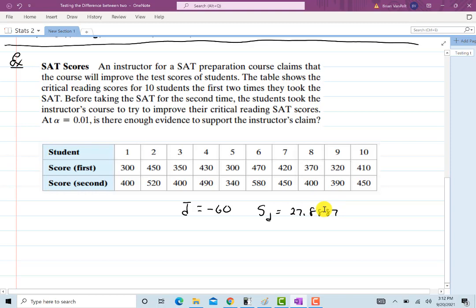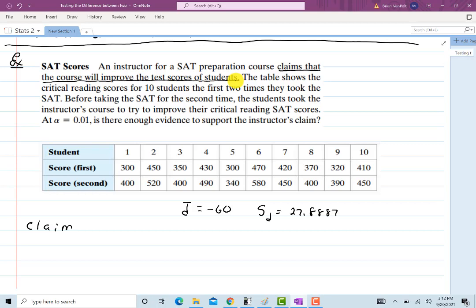So anyways, let's actually do the problem then. Here's what my claim is. Let me do it like I do all the other ones. Let me write my claim down. Is there enough evidence to support the instructor's claim? The instructor claims that the course will improve test scores of students. So you have a test score, and he figures the next version of it will be better.